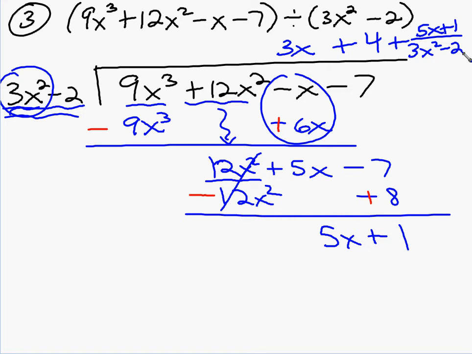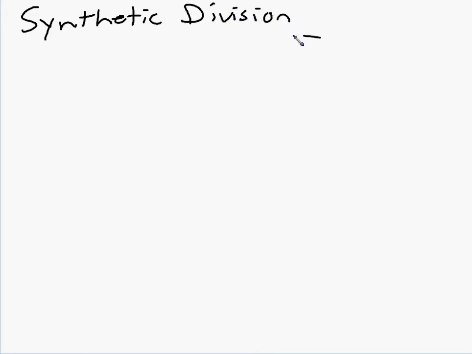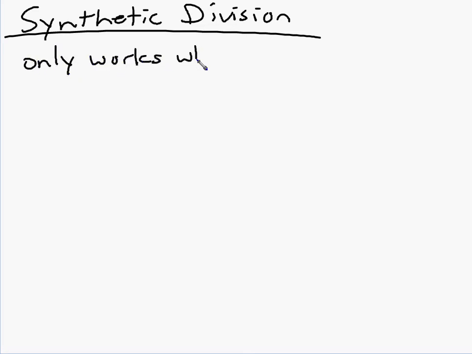Now, how about synthetic division? Synthetic division is nice and clean, but we can't always use it. All right? Synthetic division only works when dividing by x plus or minus k.